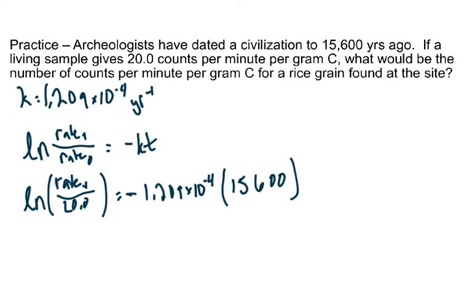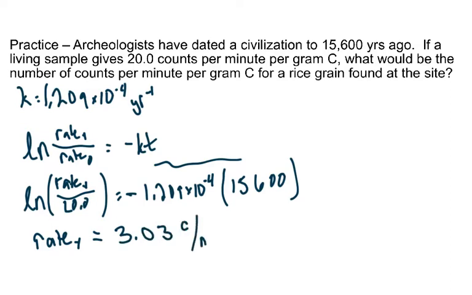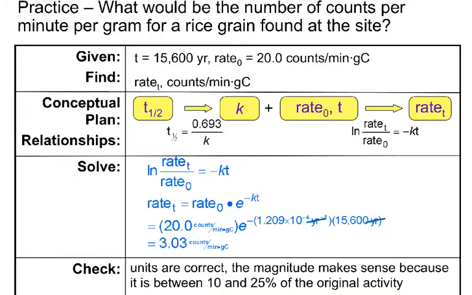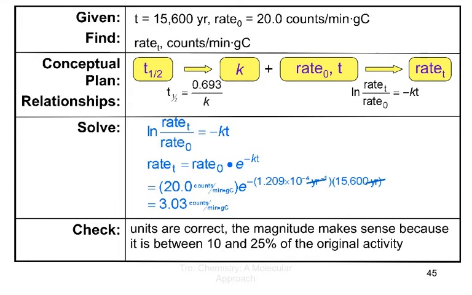I can rearrange that and solve for my rate at my time by taking my right side to the power of e and then multiplying by 20. Then I get a rate equal to 3.03, and my units are counts per minute per gram of carbon. So there we go.